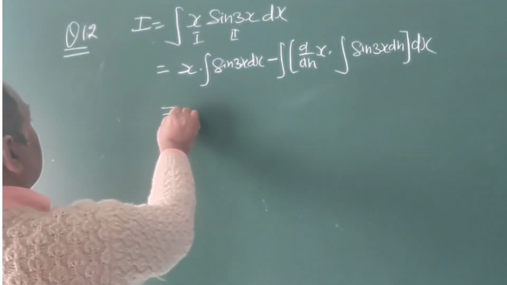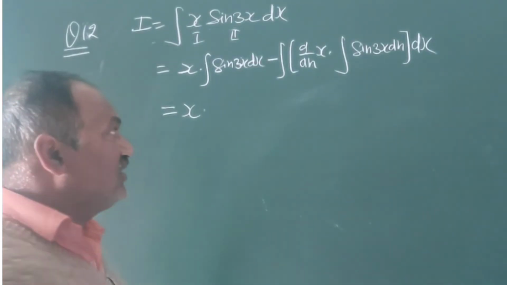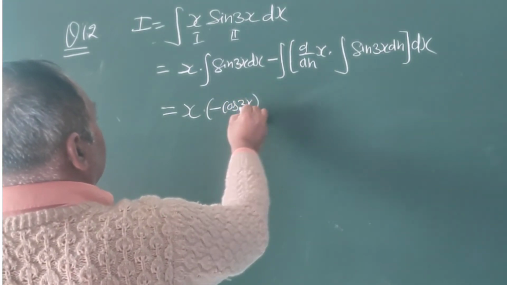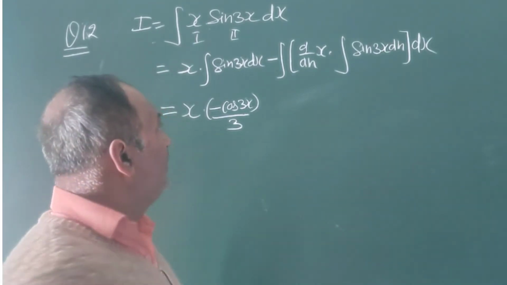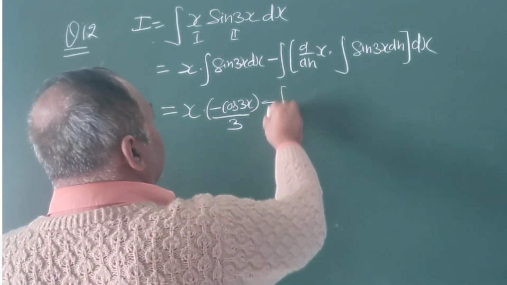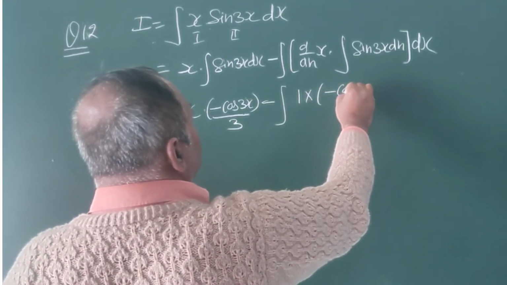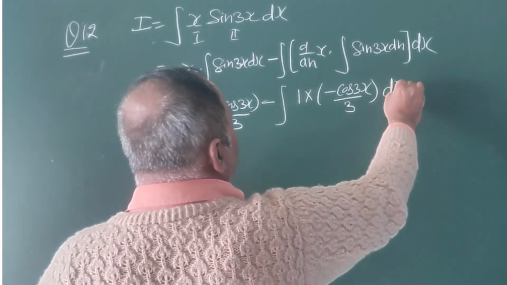Now it becomes x into integration of sine 3x is minus cos 3x divided by the coefficient of x, that is 3, minus derivative of x is 1 and it is minus cos 3x divided by the coefficient of x, that is 3 into dx.